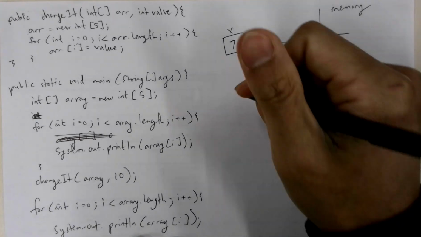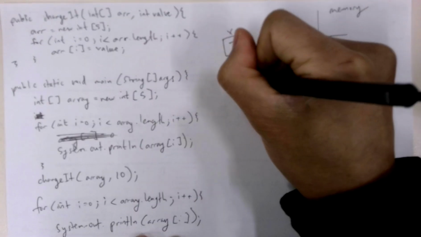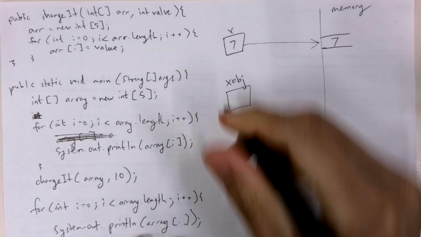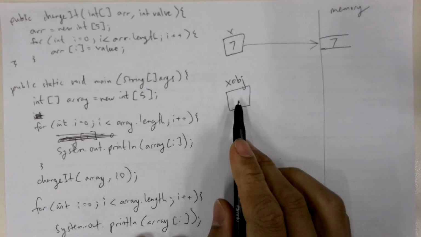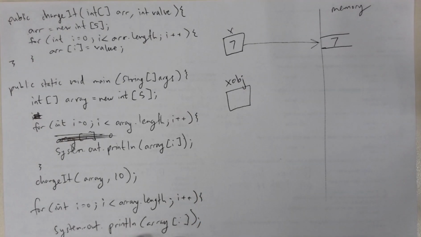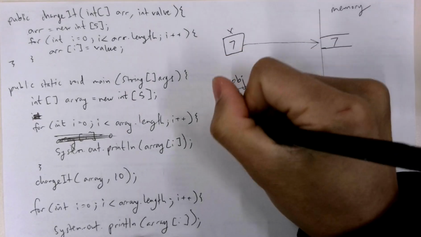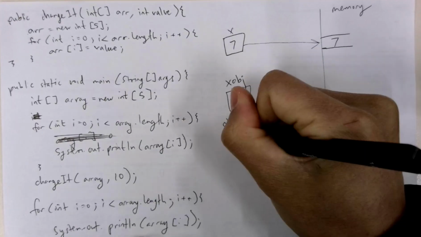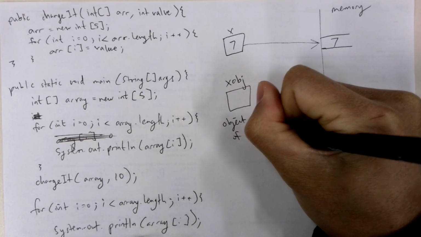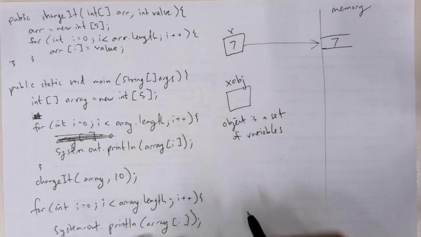Okay, nice and easy. Now, if I have xObject, which is a variable that stores an object, what is stored in the variable that contains an object? Well, what is an object? An object is a set of variables, instance variables.